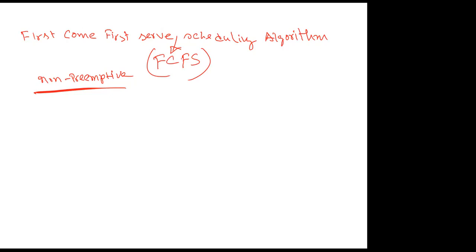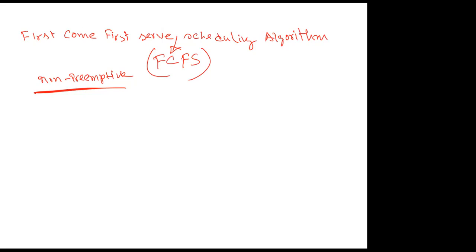For example, in SJF and SRTF, the process which has the least burst time or execution time, this is a property of a process, so it is priority-based. But here it is simple: the process which comes first inside the RAM is not any property of your process. So it is not a priority-based algorithm.